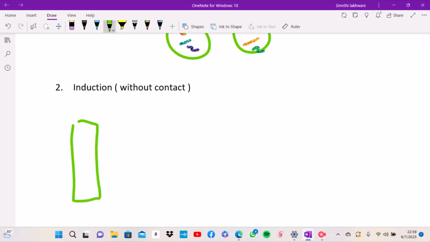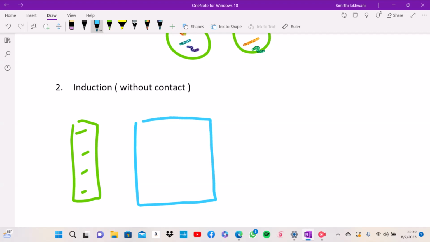Consider that here we have a body which is negatively charged, and we take another body which is neutral. When the negative body is placed near it, the neutral body will experience a force, and here the positive charges will appear, and here the negative charges will appear.